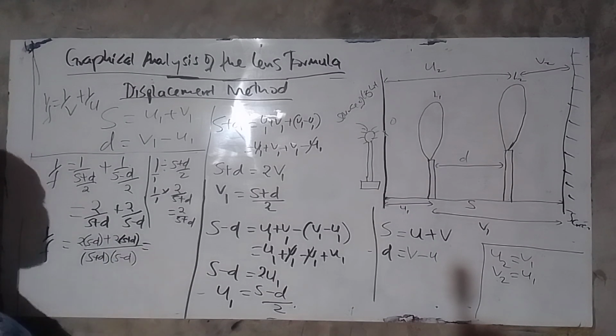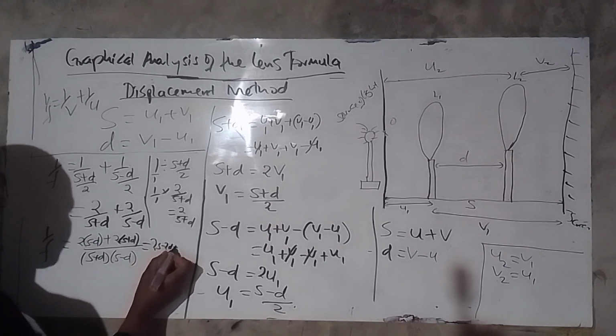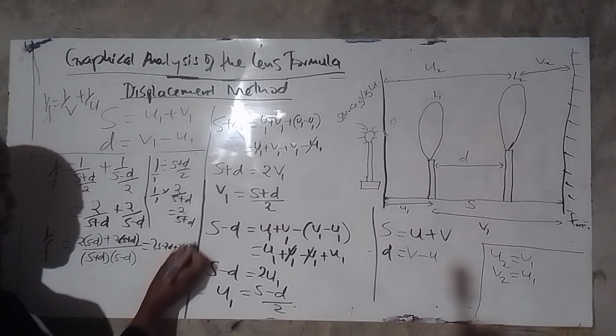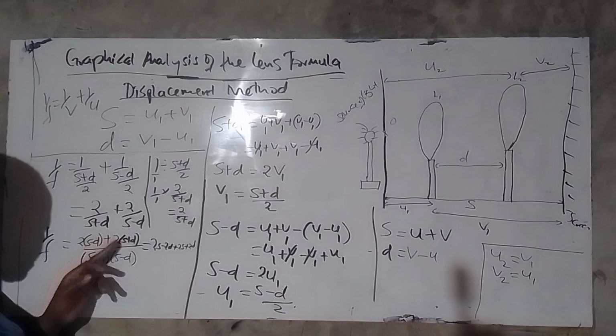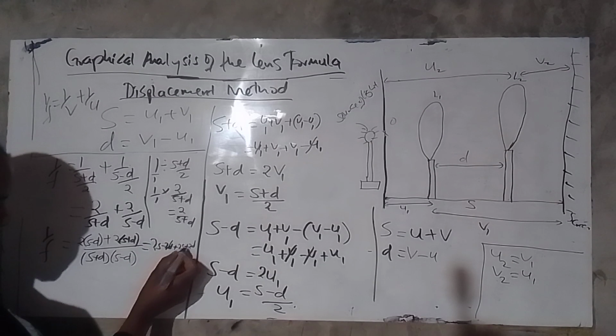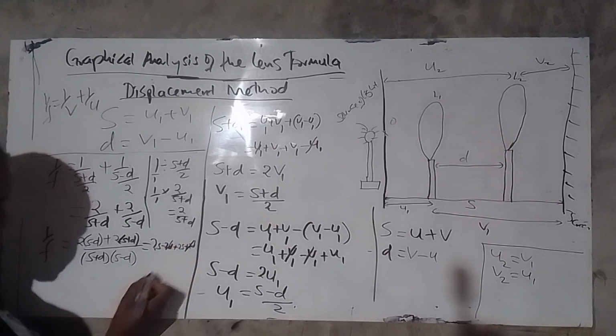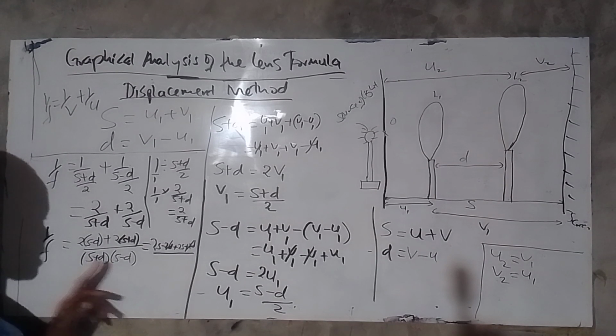Okay, open the brackets. That is 2s minus 2d plus 2s plus 2d. So minus 2d plus 2d cancels, divided by now (s plus d)(s minus d).